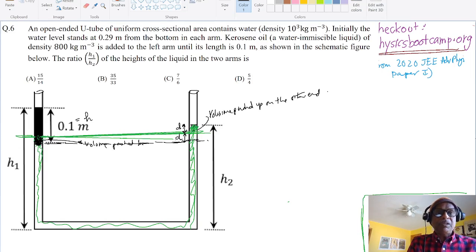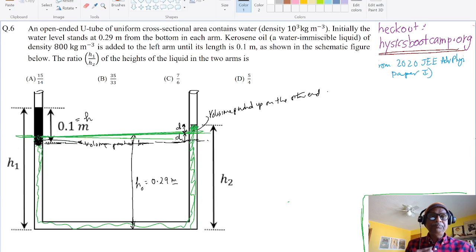That's the condition. Originally this common level was, let's call it H0, when just water was there on both sides. That was 0.29 meter.